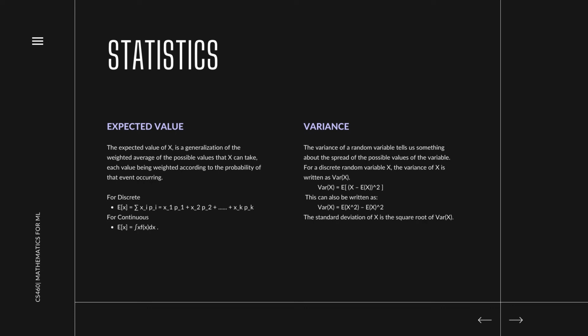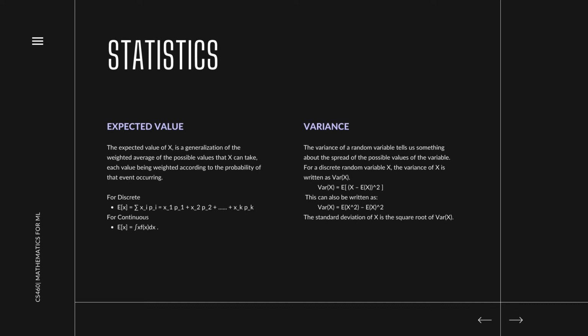For example, we have a dice. Dice has numbers 1 to 6. If we add them up and divide by 6, because the probability of each number is 1/6, we get 7/2, which is 3.5. So the expected value in case of a dice is 3.5.